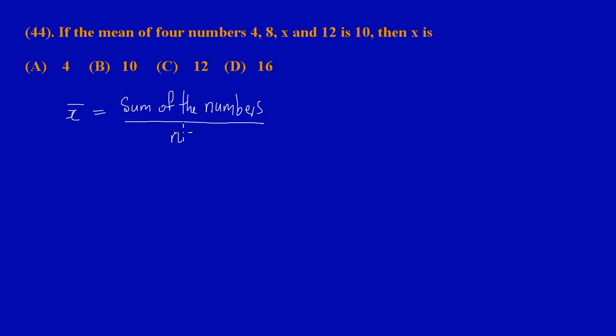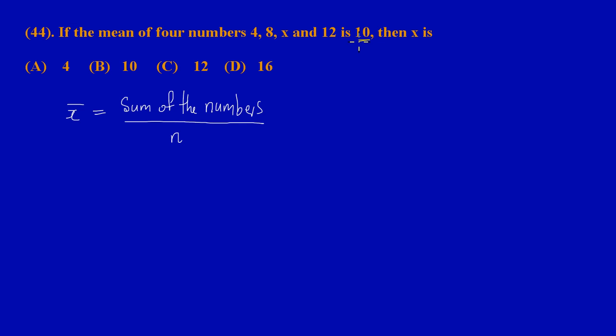Now let's do some quick substitutions here, and you'll see how easy this problem is. It states that the mean of 4 numbers, so we really have 4 numbers, and the numbers are 4, 8, x, and 12, and they said that the mean is 10.